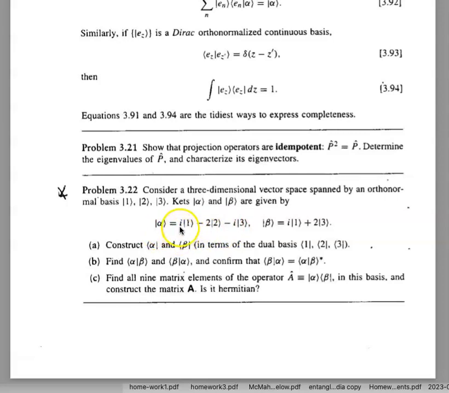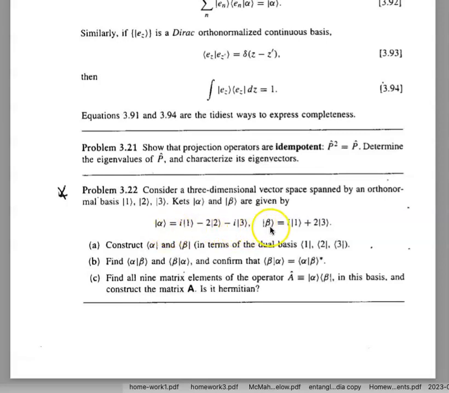Notice that the component in front of cat 1 is i, the imaginary quantity i. The quantity in front of cat 2 just happened to be -2. It could be any number, but any number such that if you form the inner product of alpha with itself, it should come out to be 1.